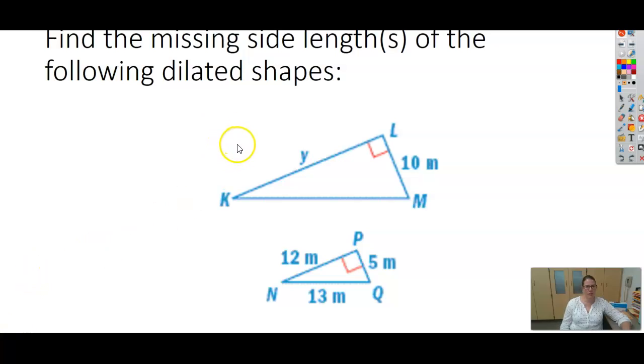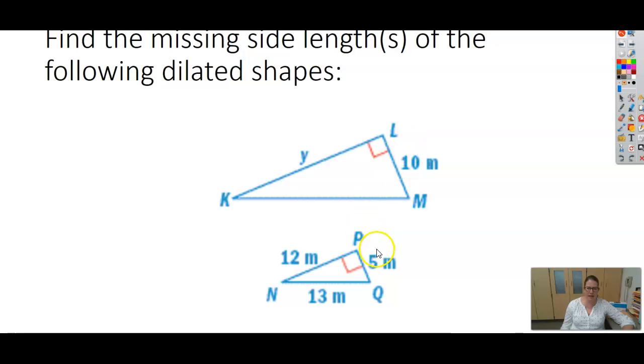All right, so now we want to use what we've learned to find missing side lengths of dilated shapes. So I know this is a dilation, which means that this figure was dilated to make this one. I can see that this side right here that goes from L to M, right next to my right angle, must be the same as PQ, because it's right next to the right angle as well, and it's the shortest side.